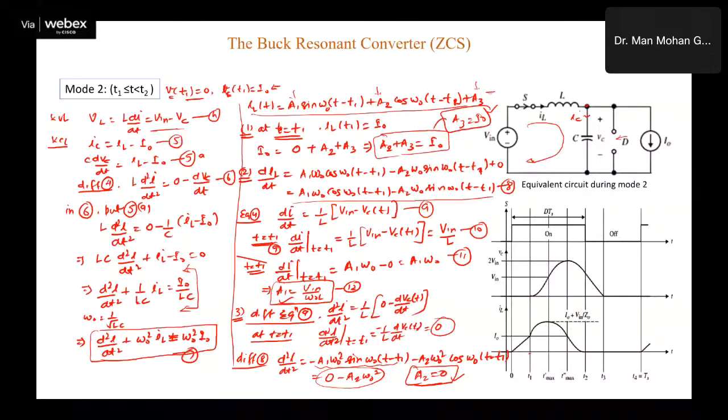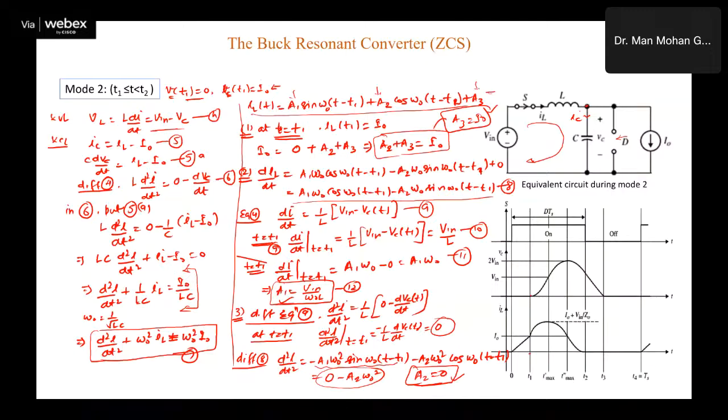Now the inductor current has become 0. But remember, this inductor current is also the switch current in this mode. So the inductor current has become 0, it means the switch current has become 0. And this is the instant at which we say that we have achieved zero current switching. Remember that we are using ZCS, zero current switching, for turning off the MOSFET.